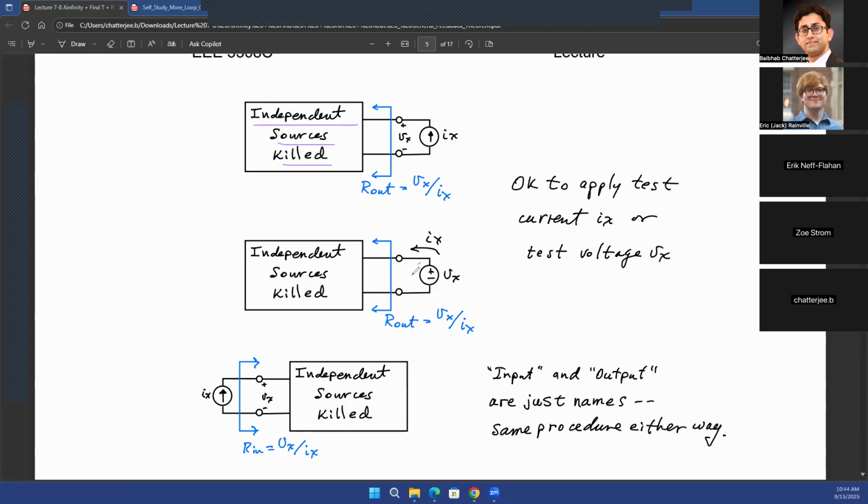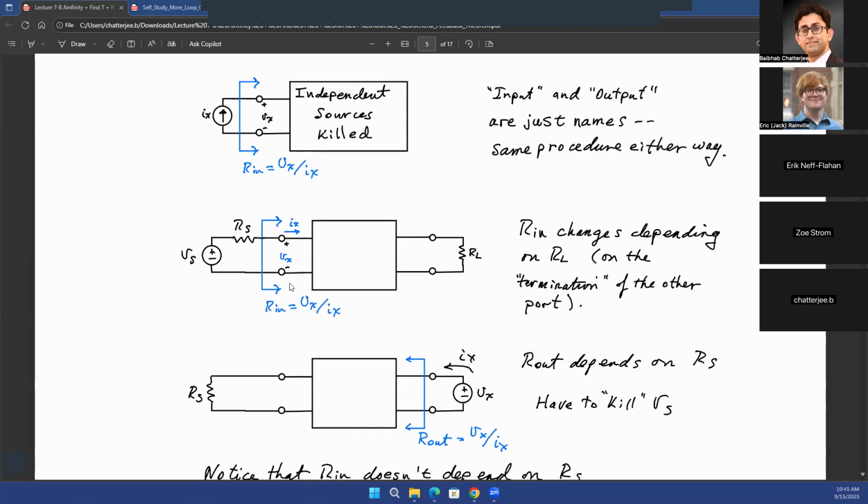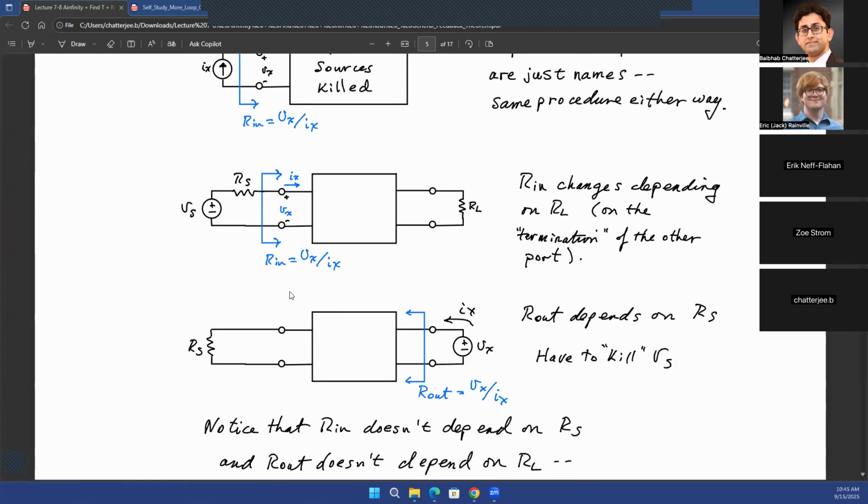Put in a test voltage source or test current source, whatever you are more comfortable with. Find the other quantity. So for example, if you're putting in a test voltage source, find the current coming out of the test voltage source. And the ratio of voltage to current, according to Ohm's law, will give you the resistance. Right? That's the same approach you should follow when finding input-output resistances, or resistances at any point in the circuit or in the system.